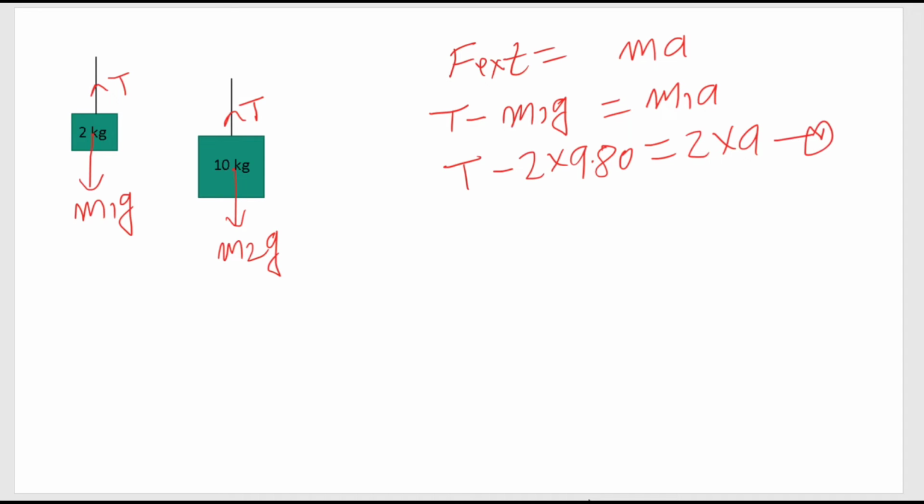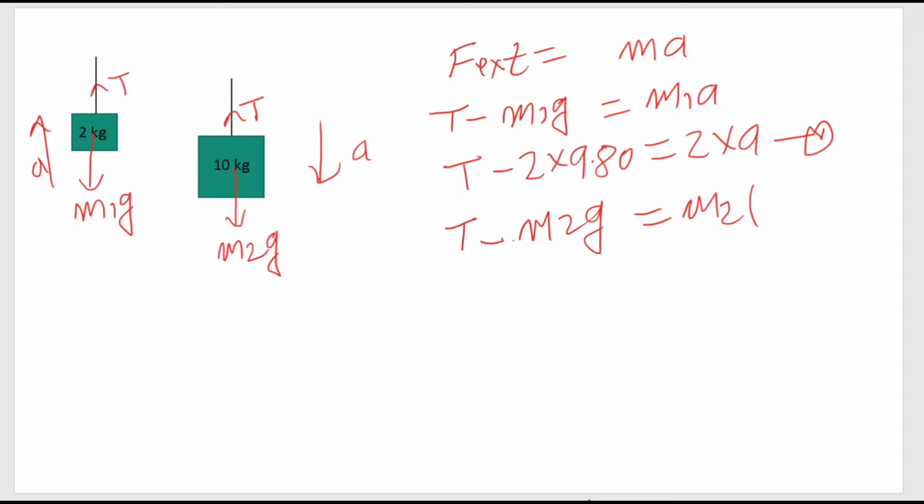So we will find the second equation by applying Newton's law of motion on the second mass. On the second mass, T is also positive in the upward direction, and m2g is again in the downward direction, so it is negative, and the acceleration is also in the negative direction for the second block. For the first block it was in the upward direction, and for the second block it is in the negative direction.